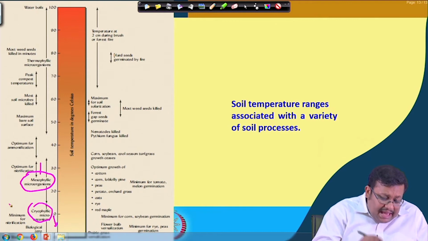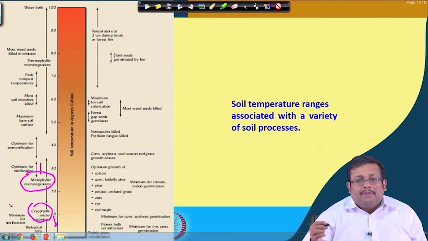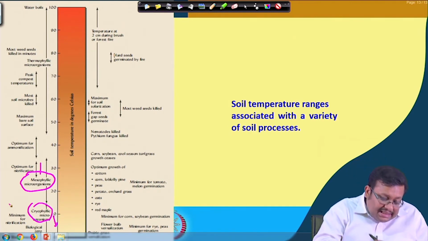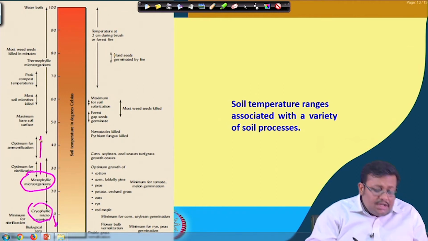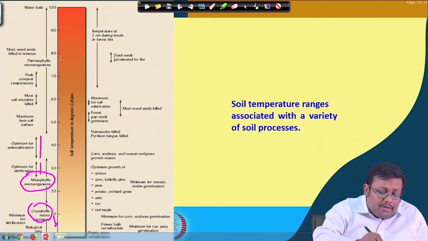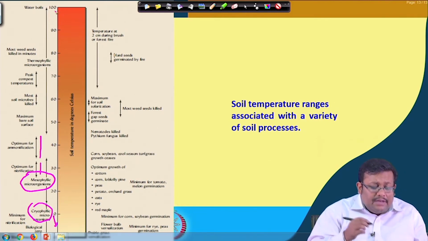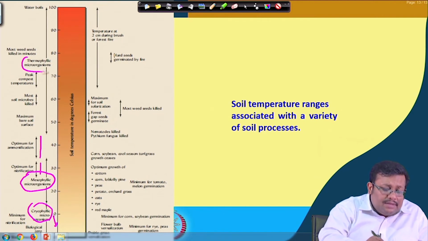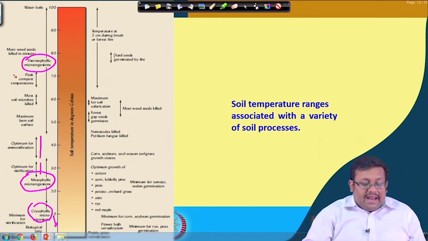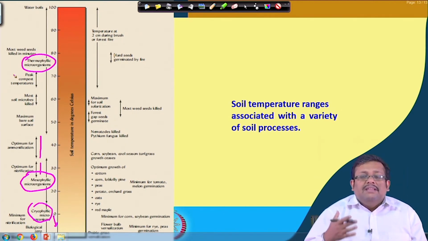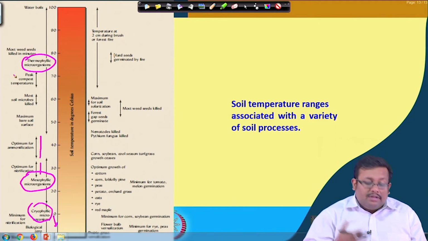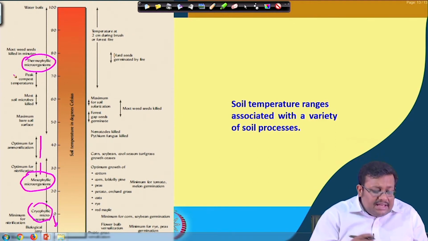And ammonification, which is another important process of nitrogen transformation, occurs in the range from 35 to 40 degrees centigrade. And from 45 to 100 degrees you will see the thermophilic microorganisms are mostly prevalent, because they love higher temperature for their growth.